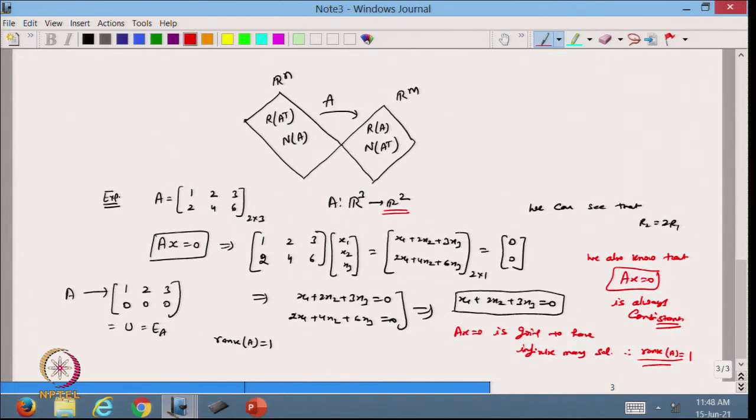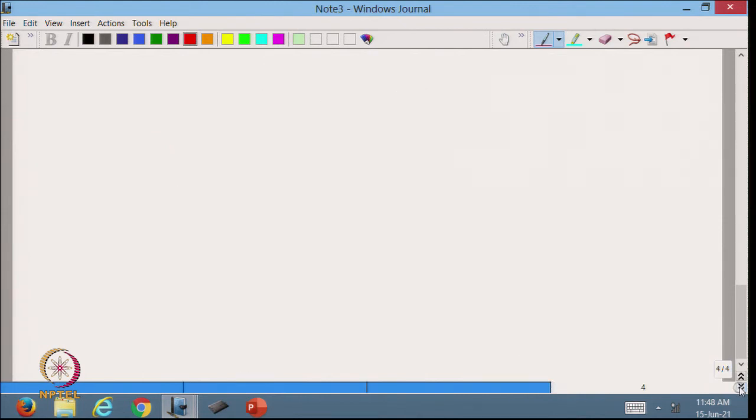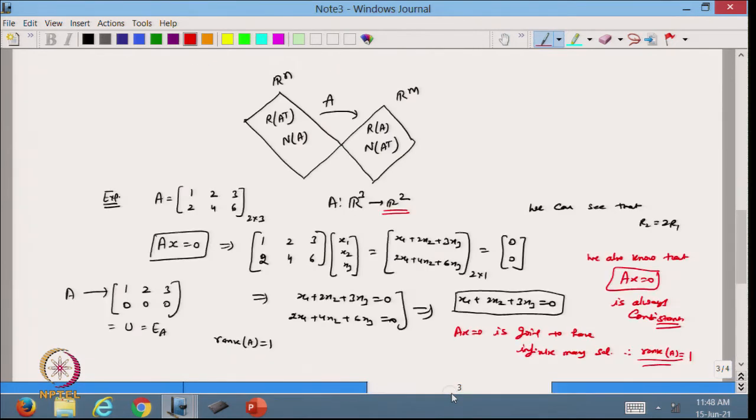Based on this, I get x1 plus 2x2 plus 3x3 equal to 0. From the previous one, this is my pivot, so this is basically a basic column, and these are the non basic columns.